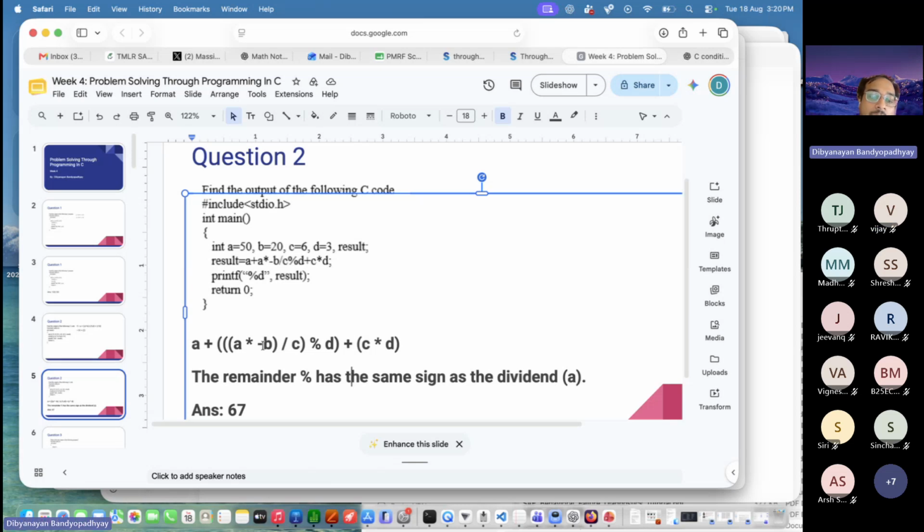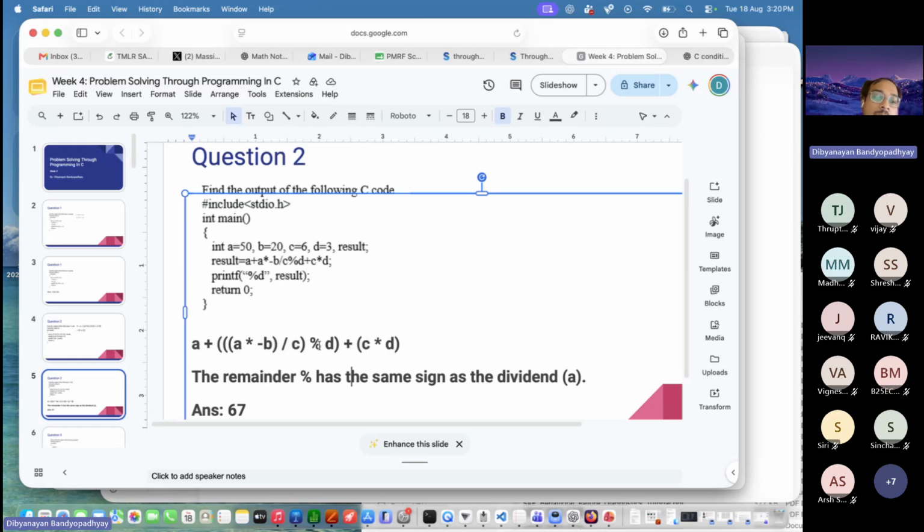As this is left to right associative, you have to do the operation from left to right, and the division and the modulo operator have the same precedence as multiplication.